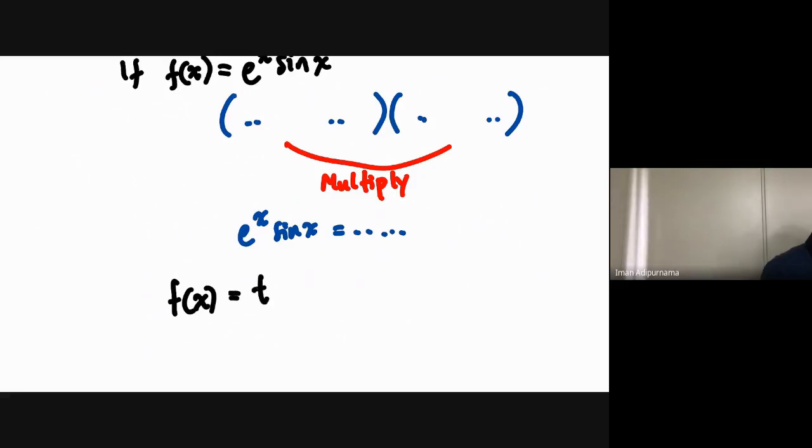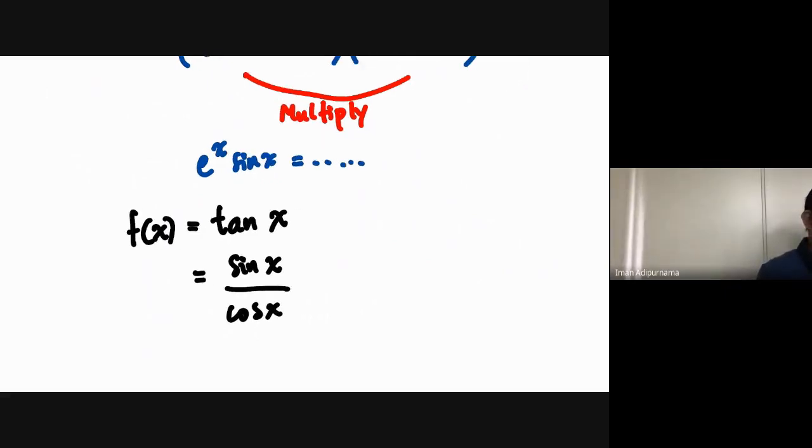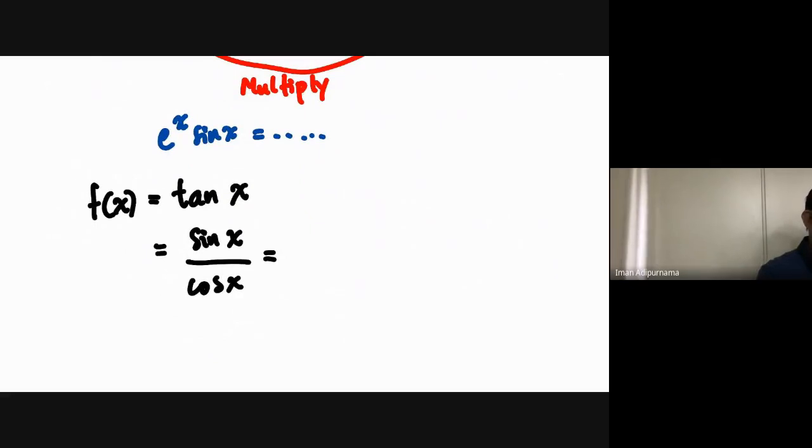Also, if you have the function equal to tangent x, tangent x is sine x divided by cosine x, right? So this approach is basically you have the expansion for sine and you have the expansion for cosine.